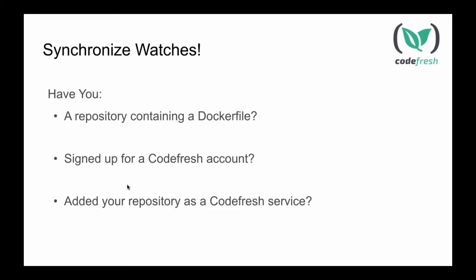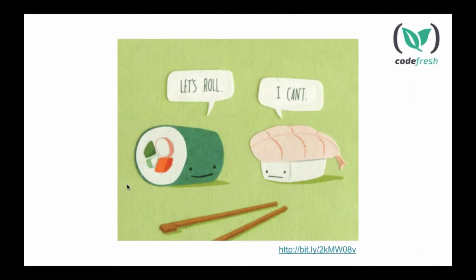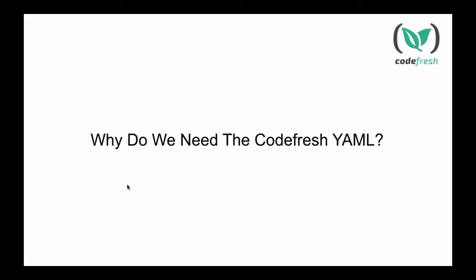If you haven't, don't worry. We'll cover all of this in the beginning of the demo quickly, so you'll just get a quick understanding of how this is done. And we'll also make sure to post a link to another guide on how you can get started with Codefresh with these simple steps. So if we're all ready to roll, let's get started and dive into the Codefresh YAML.